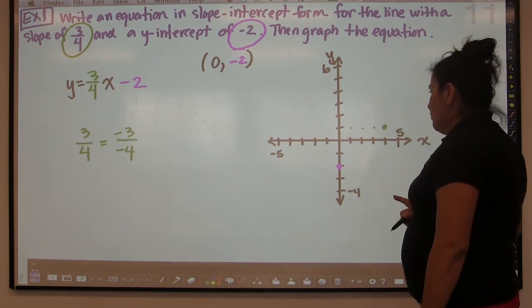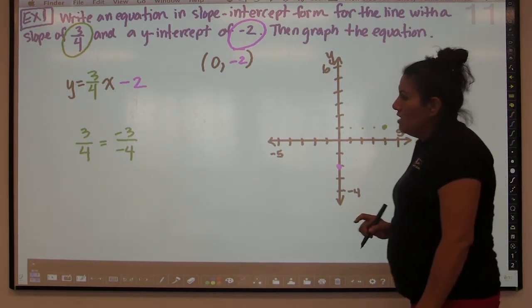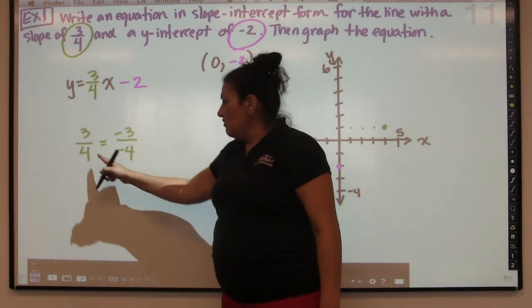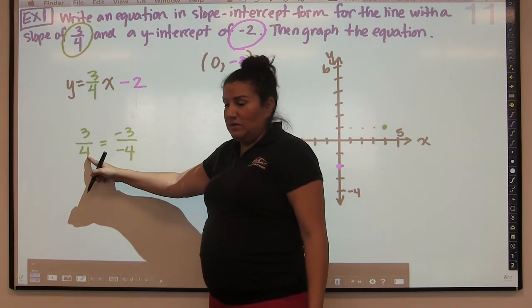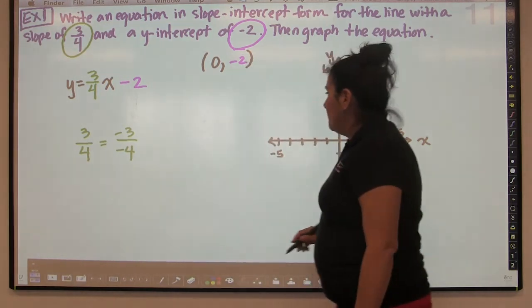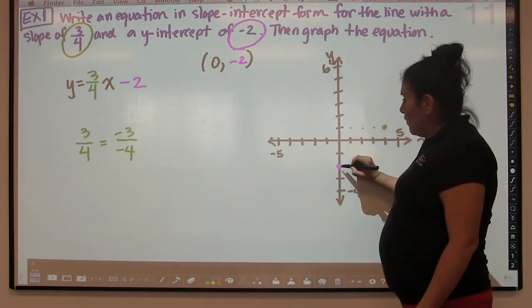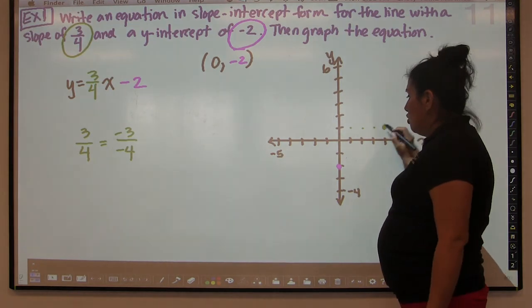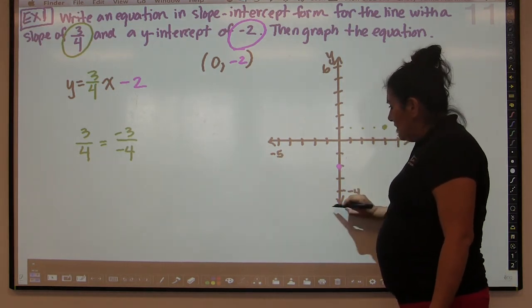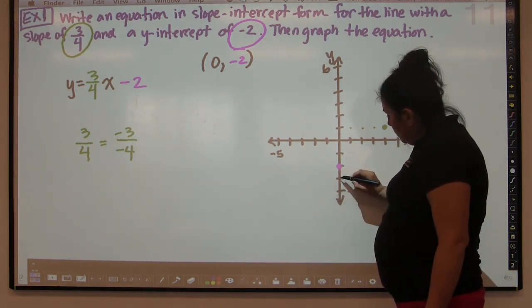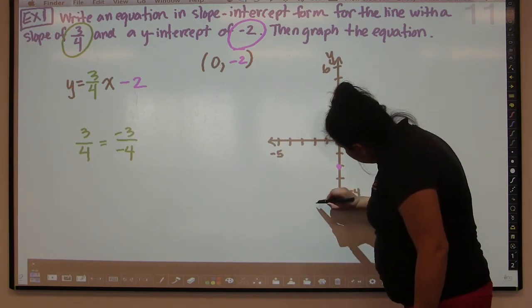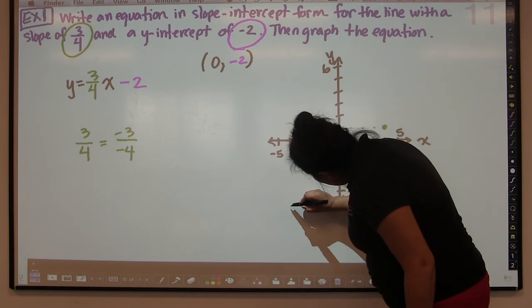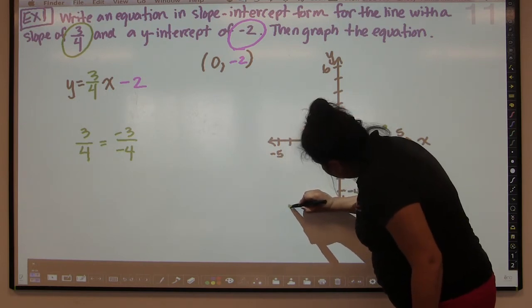But I also want to be clear that you can also go backwards, okay? We know that these two are both equivalent. A negative divided by negative is positive, and positive divided by positive is positive. Both of these are positive. So that means that instead of going up 3 and to the right 4, I can go backwards and go down 3, left 4. So I can go down 1, down 2, down 3, right about here, and then 1, 2, 3, 4, right about there.